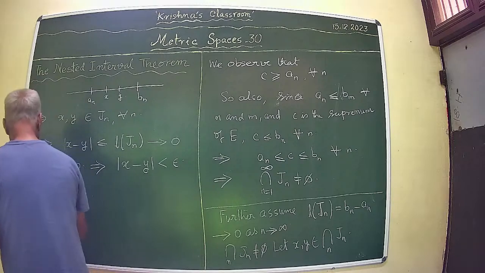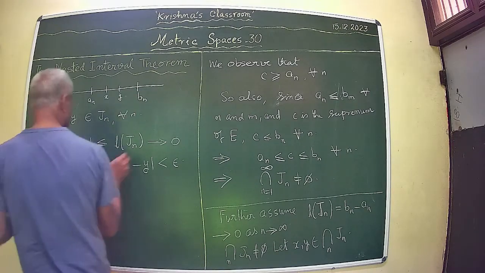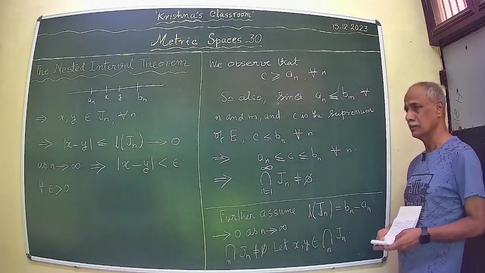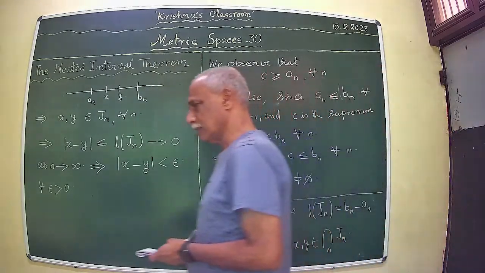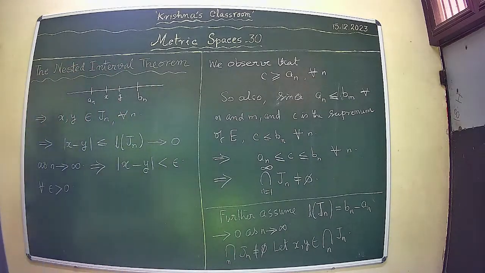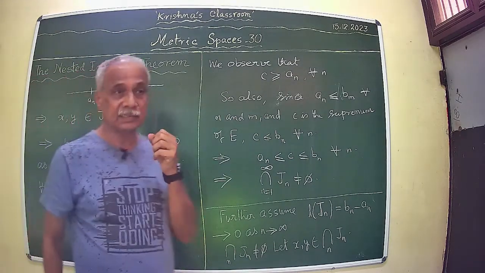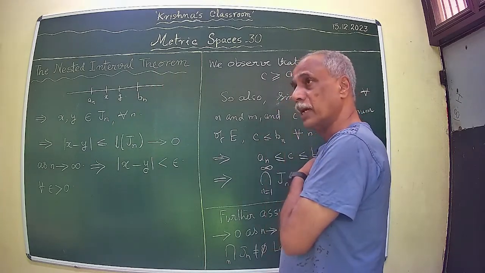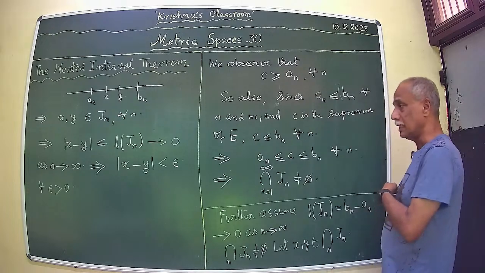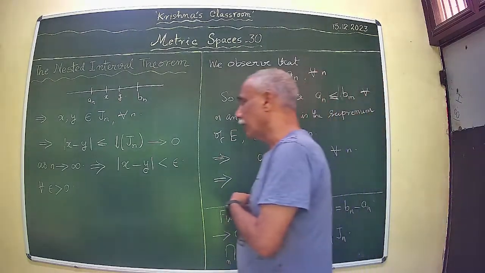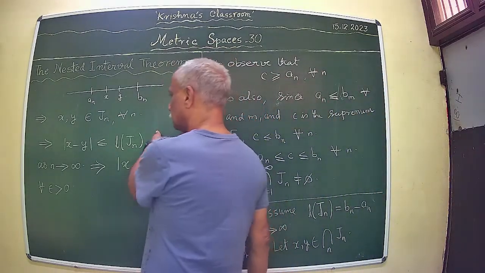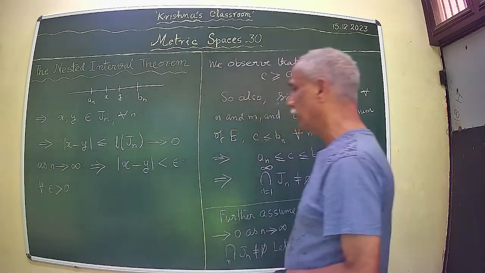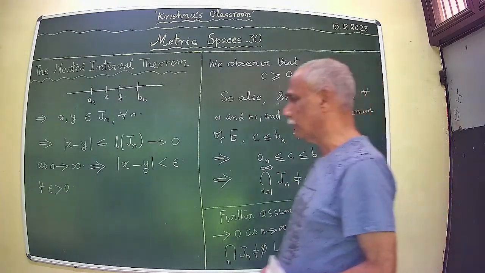for every epsilon positive. Now we can give an argument using this. Ljn goes to 0 means that the length of Jn can be made arbitrarily small. So given epsilon positive, there exists an n such that Ljn is less than or equal to epsilon, and that is true for every n, and therefore you see that given epsilon, mod x minus y is less than epsilon for every epsilon positive.